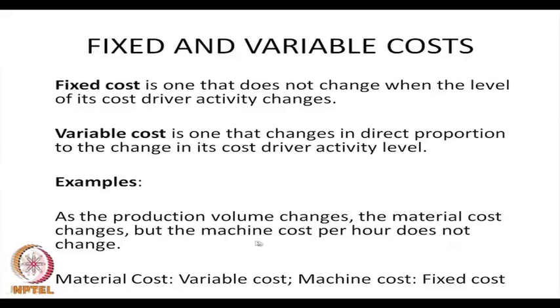So, to produce a particular volume of production, the machine cost will not change. So, this is an example of a fixed cost. Machine cost per hour is a fixed cost, whereas the material cost is a variable cost. So, one example of each type, fixed and variable cost, is cited here.